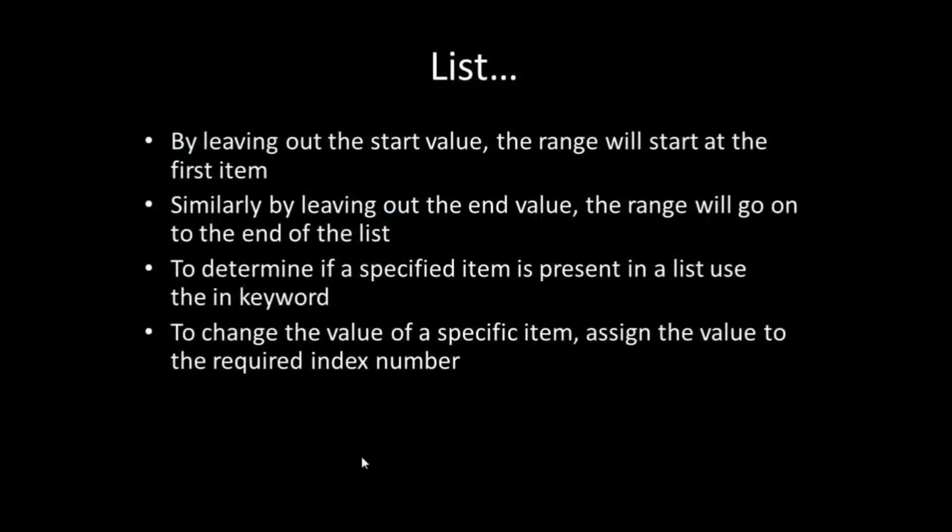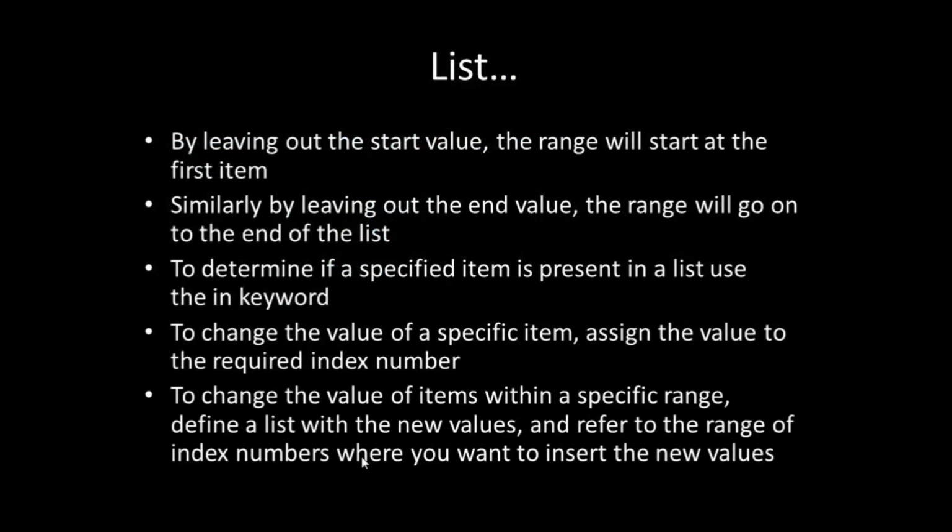Next, to change the value of items within a specific range, define a list with the new values and refer to the range of index numbers where you want to insert the new values.